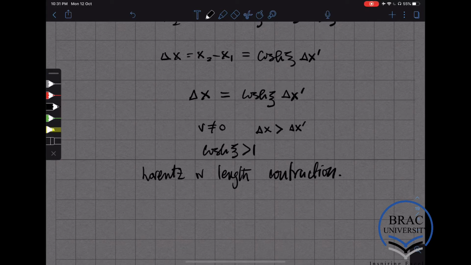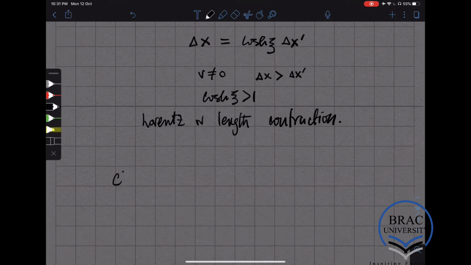So similarly, let's consider a clock at rest. Suppose that the time between two consecutive ticks is delta t, given by t2 minus t1.